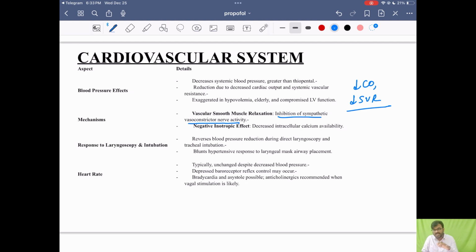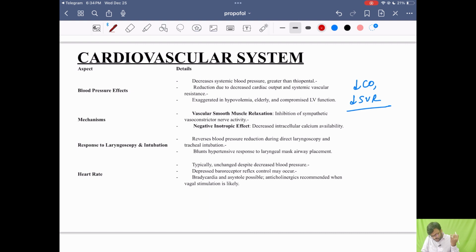The systemic vascular resistance itself is reduced because there is no constrictor activity in the vessels. And second, there is a decrease in intracellular calcium availability. Calcium is required for cardiac contraction, right? So if the calcium availability is reduced, definitely it is going to have a negative inotropic effect. So these are the two actions why propofol causes a fall in systemic vascular resistance and a fall in cardiac output, which further leads to a fall in blood pressure.